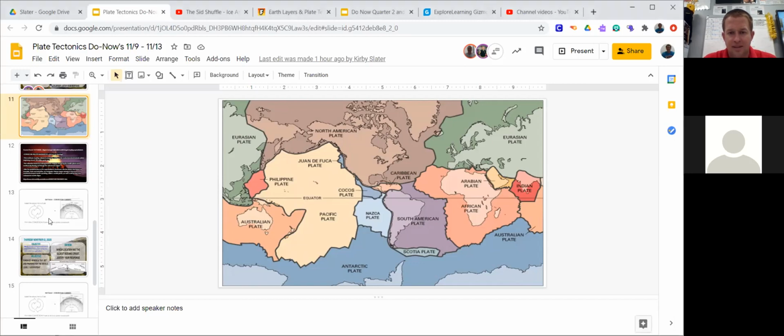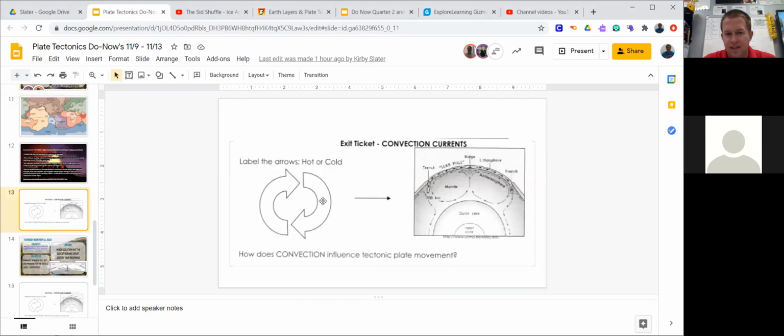Okay, one last thing. So right here, these convection currents, warm air, warm material spreads out and rises to the top. So if you had to label this hot and cold, this left arrow, would that be hot or cold? Would the left arrow be hot or cold?